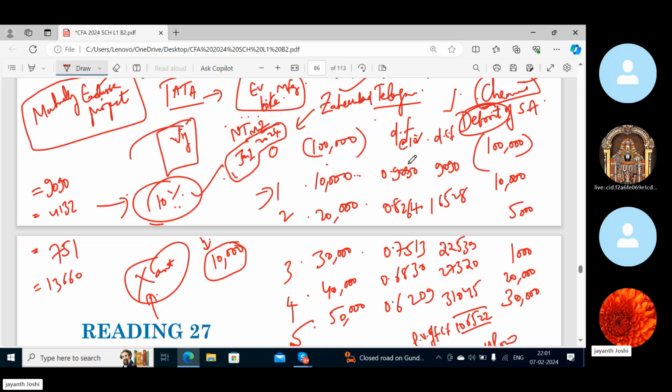What I'm doing is I'm multiplying these factors with these cash flows. These are the cash flows for this one. I know this is not that neat, but please try to follow along while you look at the video. This is this cash flow's present values, and these are this cash flow's present values.